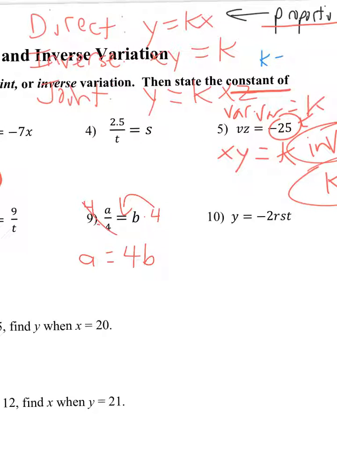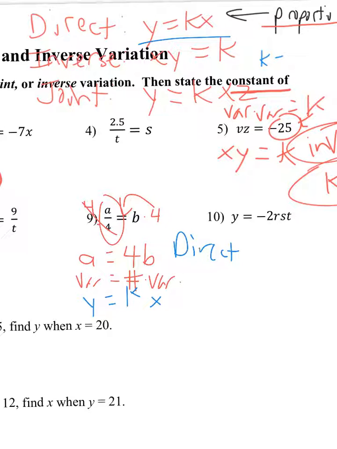It's just a different form, so I don't have the fraction form on this side. Now notice that is a variable equals some number or some constant times another variable. And that's what we have here, and that is direct. So this is your K. So this is like y equals kx. So this is direct variation. And the variation constant K is 4.